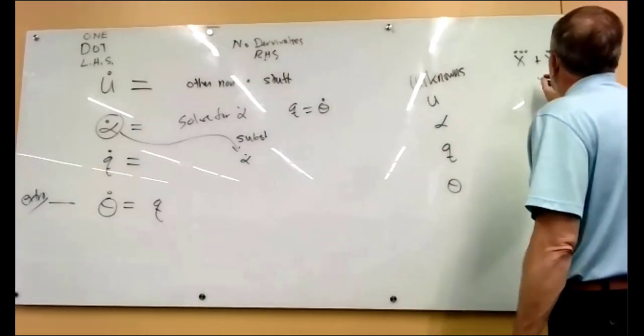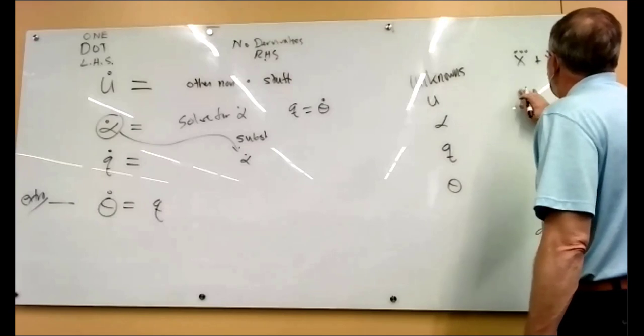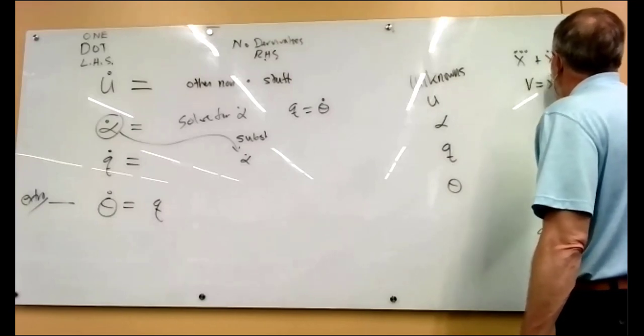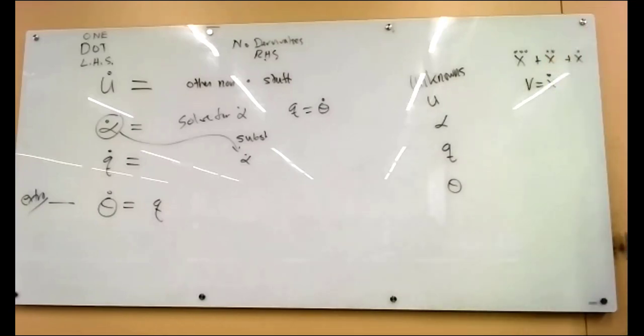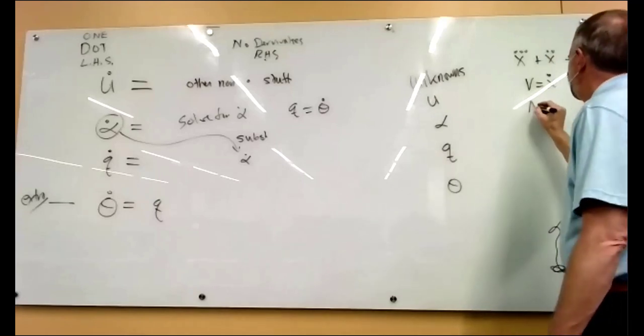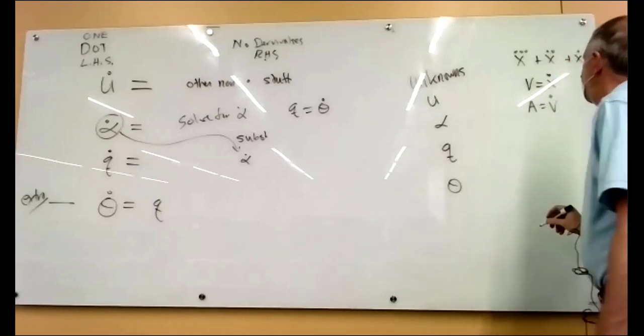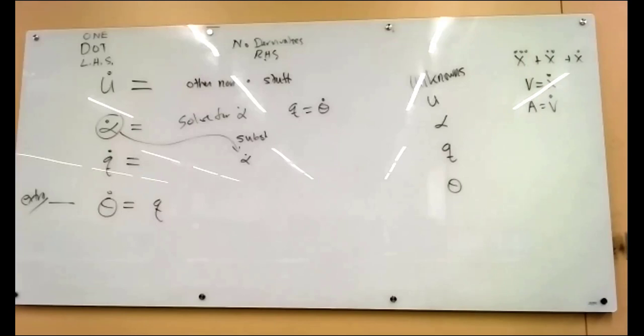You say, okay, I'm going to call v x dot. That makes sense. That's velocity. Then I'm going to call acceleration v dot, and you can knock the derivatives down to single derivatives in any differential equation. But we're not doing that.